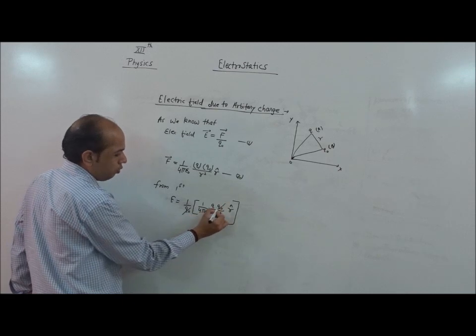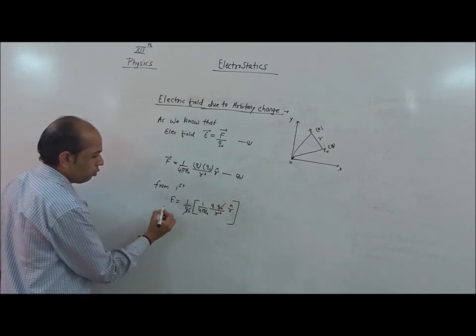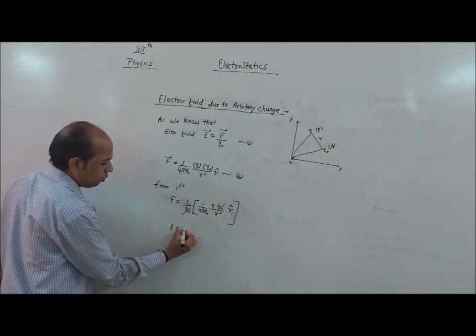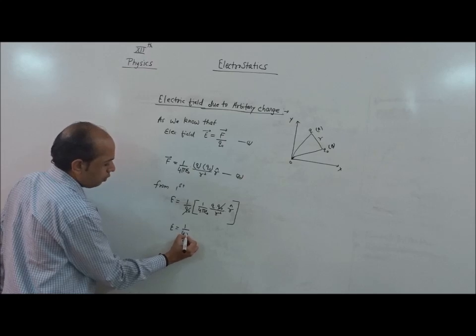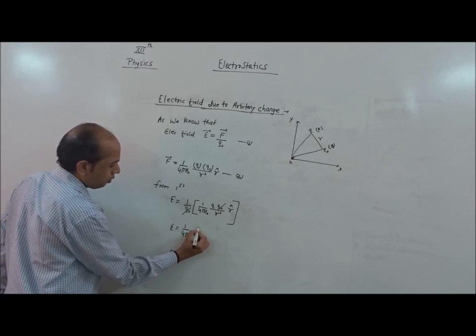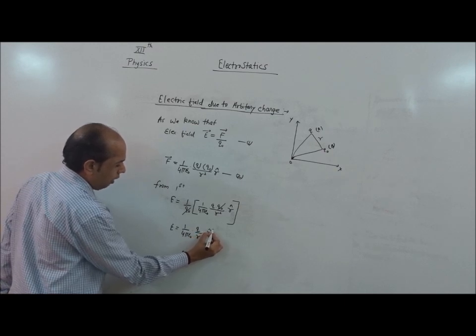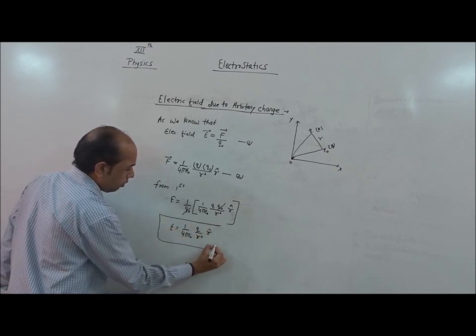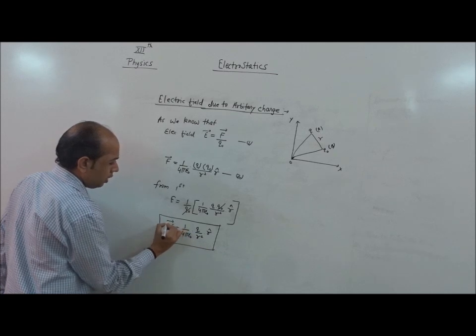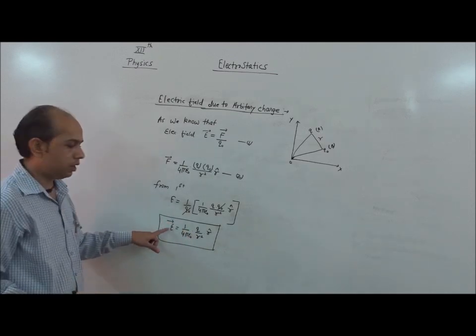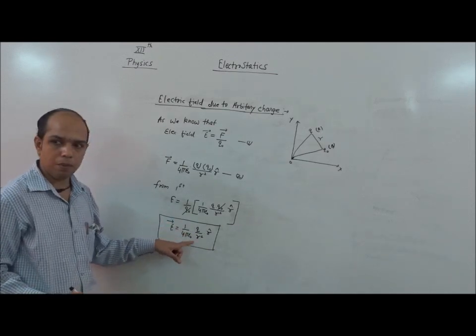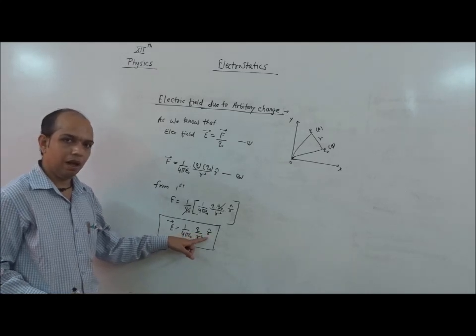So Q naught and Q naught cancel out. So we get E is equal to 1 upon 4 pi epsilon naught Q upon R square with R cap. So this represents the electric field E is equal to K Q upon R square with R cap.